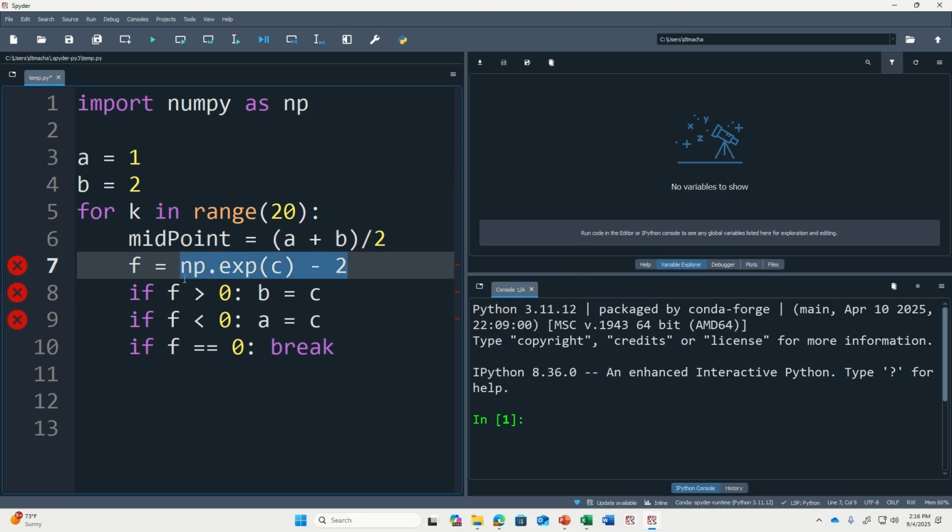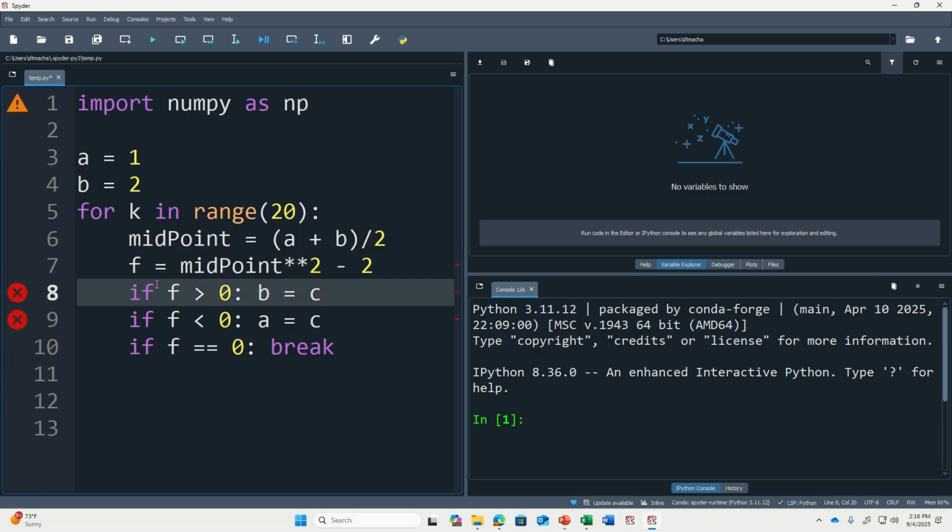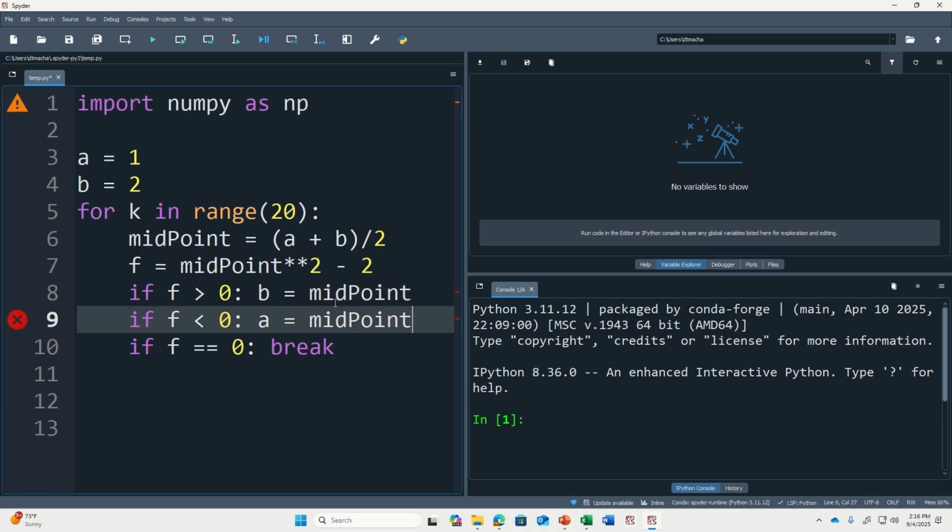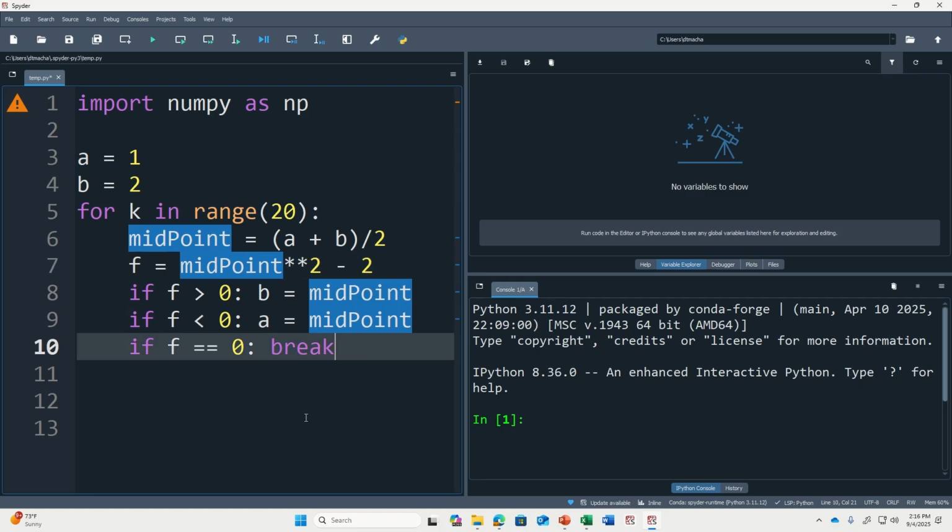And this time my function value is going to be the midpoint squared minus 2. And then we say, if my function is greater than 0, meaning it's positive, then I need to make my new upper bound equal to where my midpoint was. And if my function value is negative, I need to make my new lower bound where the midpoint was.